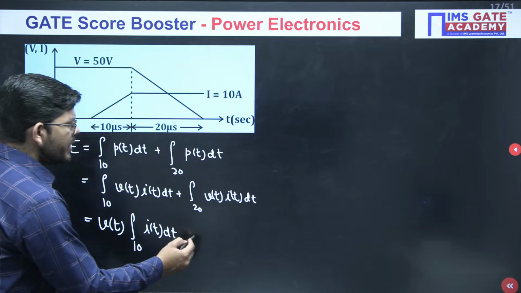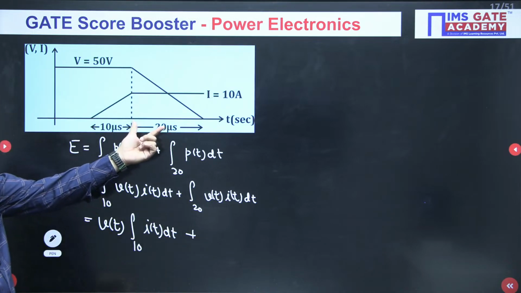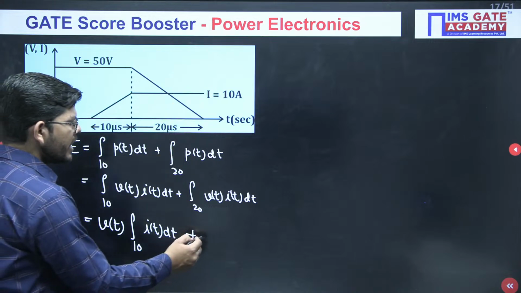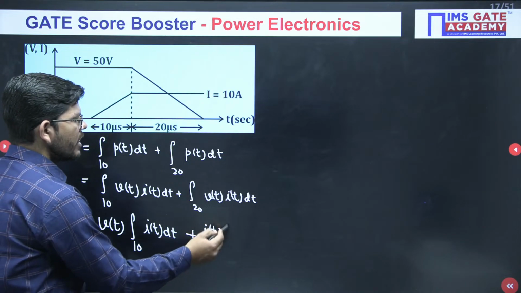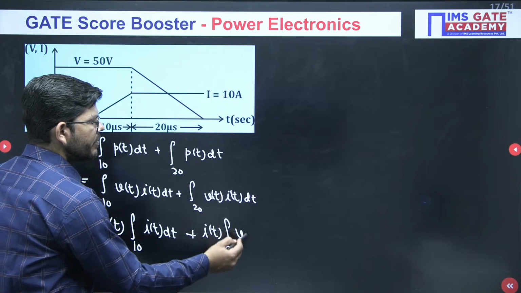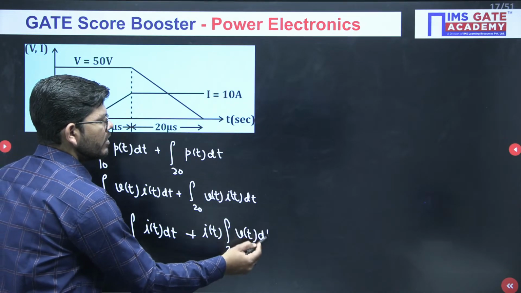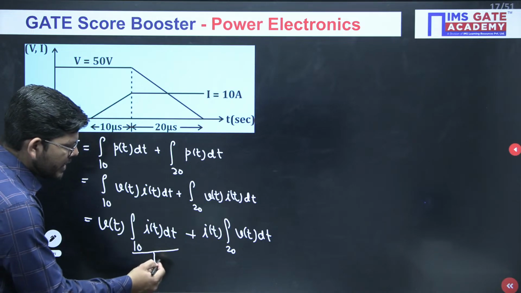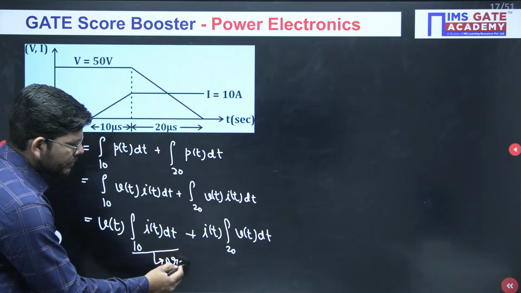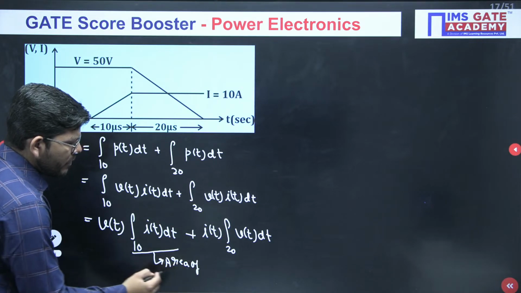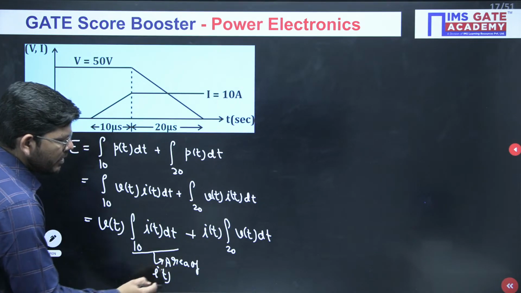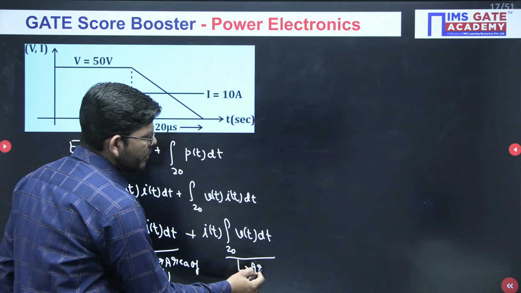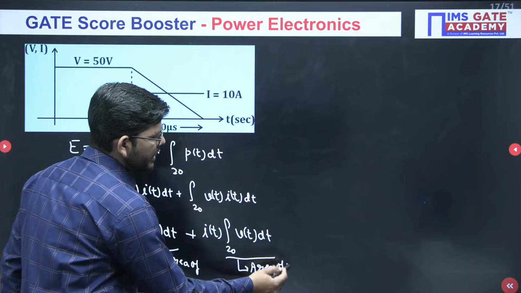Similarly, in the 20 microseconds the voltage is varying while the current is constant, so we can take the current out and only the voltage will be there. Now if you see, this integration is nothing but the area of It, and this integration is nothing but the area of Vt.